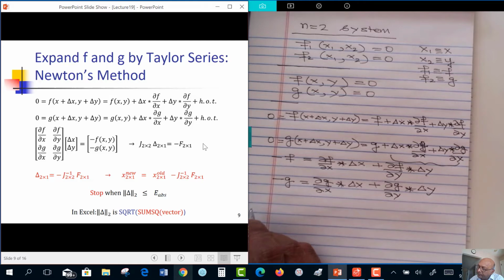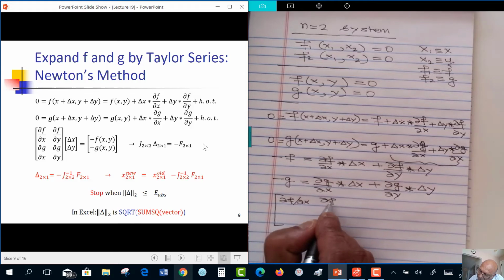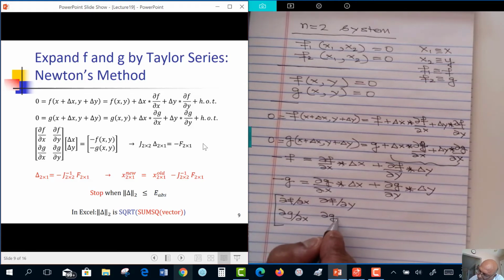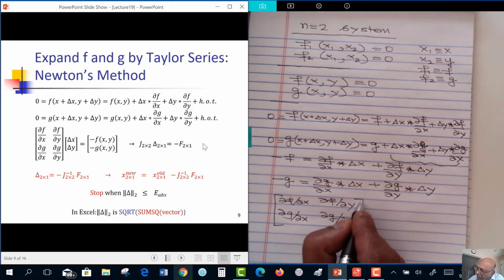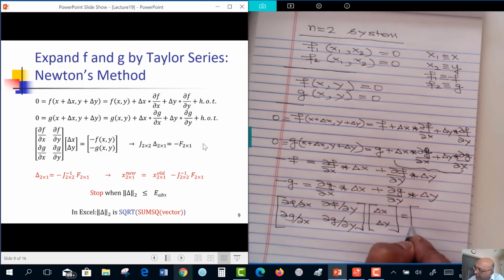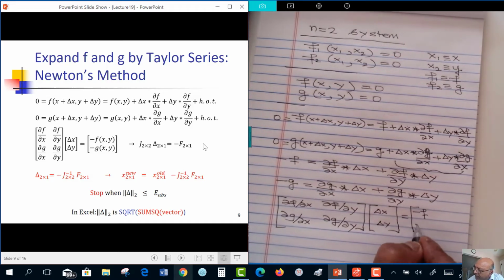Okay, so you can see now we can write this in matrix form. So we collect all these derivatives, times delta x, delta y, is minus f, minus g.